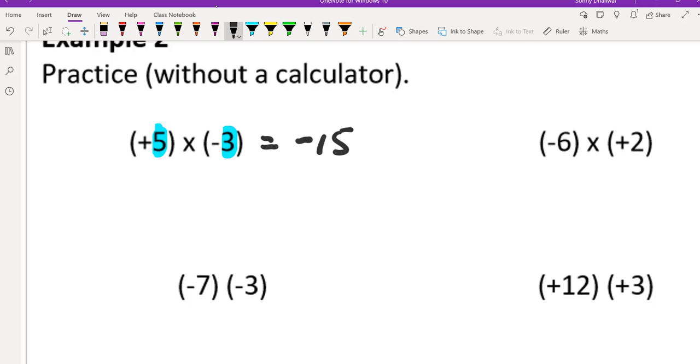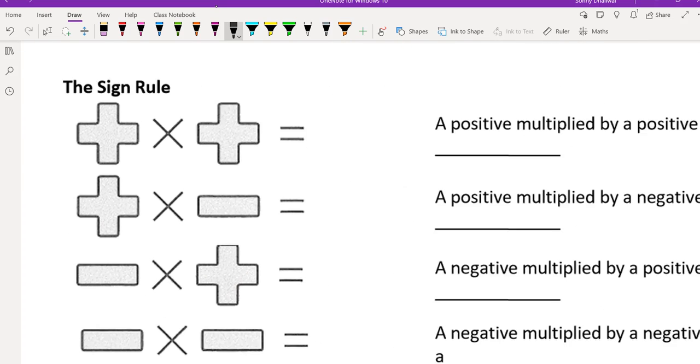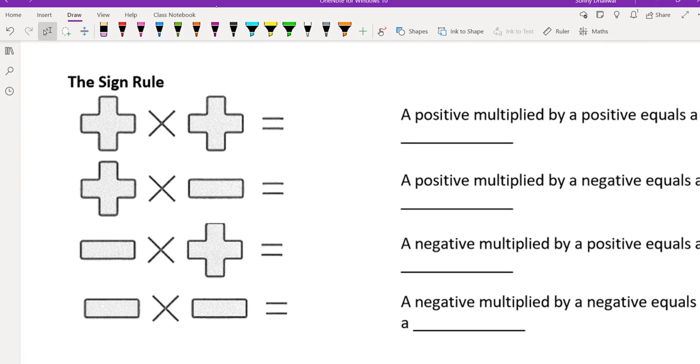For those who didn't do it last year, there are just some quick rules you need to know. Right here, you're imagining you're multiplying 2 numbers. If both numbers are positive, your final answer is also positive. So a positive multiplied by a positive equals a positive. Okay?